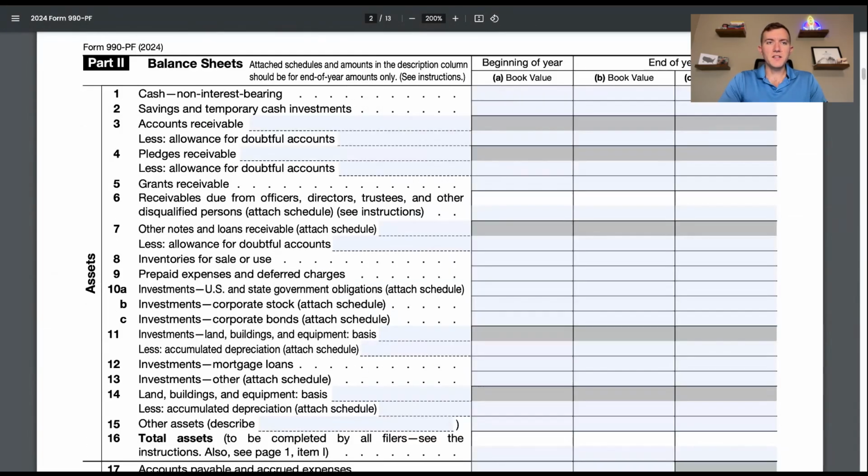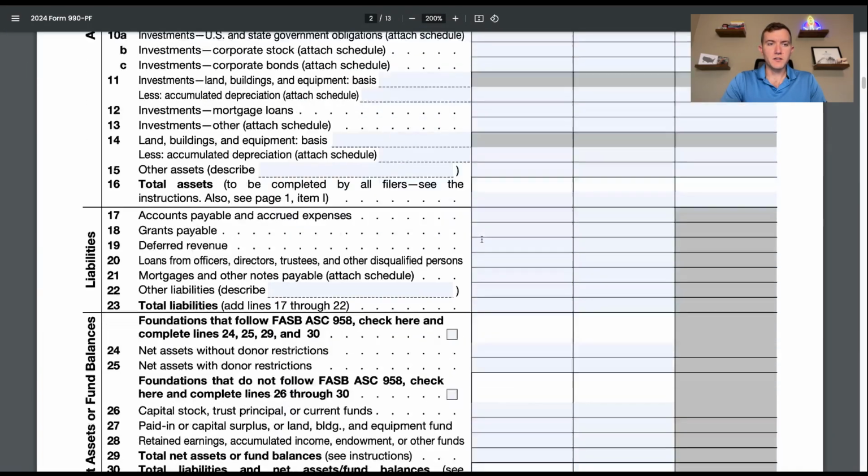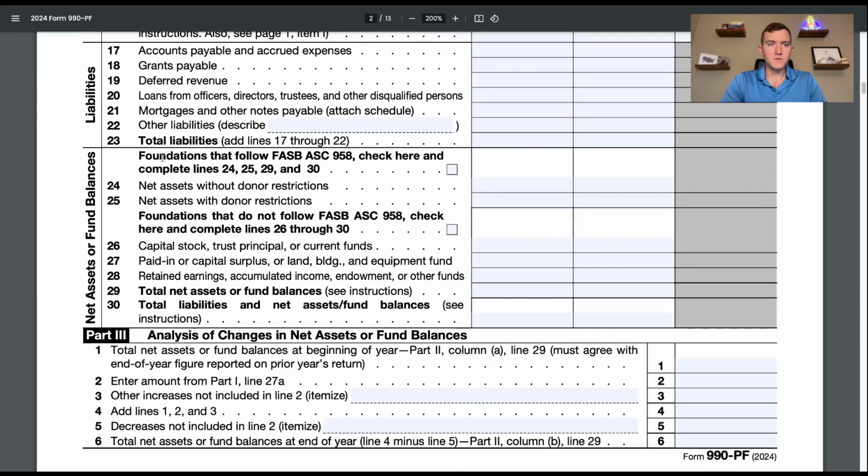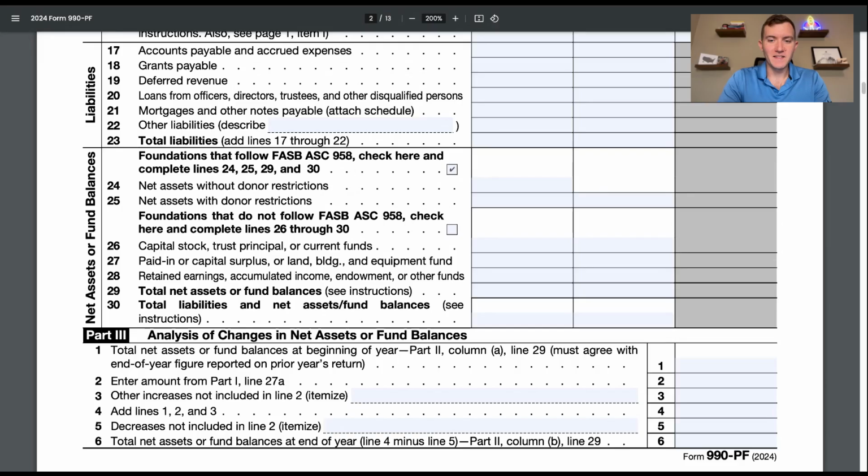The fifth mistake I see is on the balance sheet. And if we scroll down here to the bottom, you'll see two sections under the net assets or fund balances. More often than not, what happens is this checkbox is checked and there's values here. So we'll just do 1,000 here and 1,000 here.